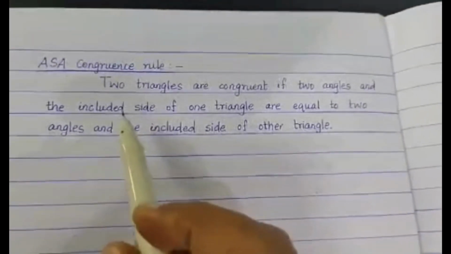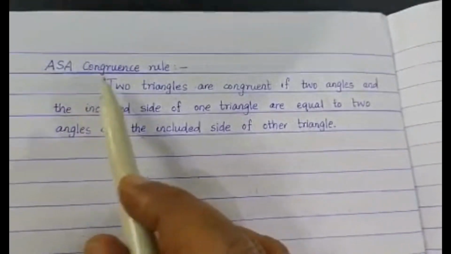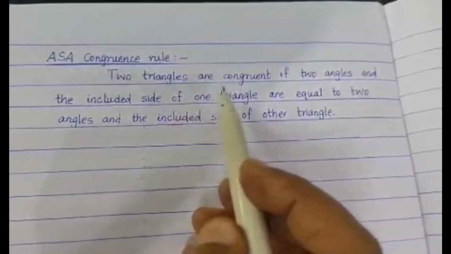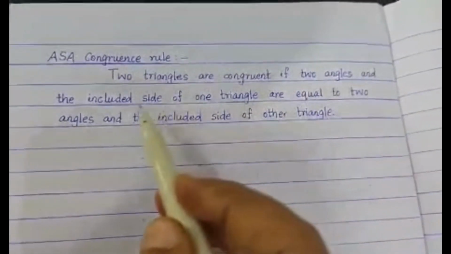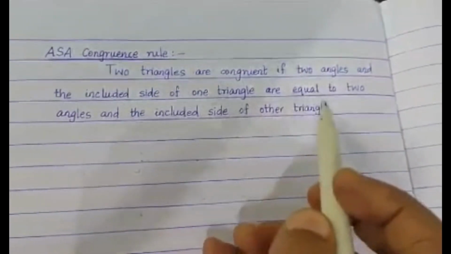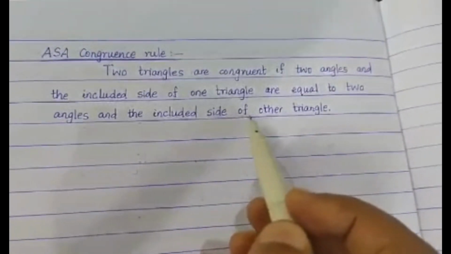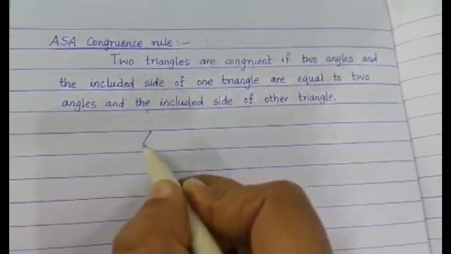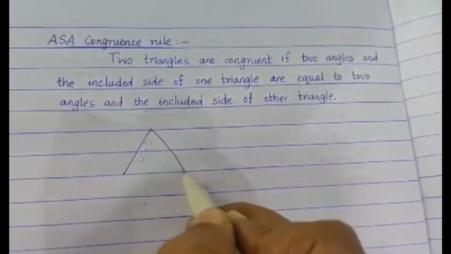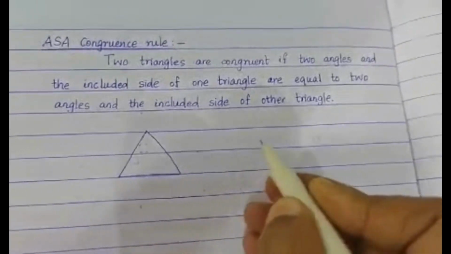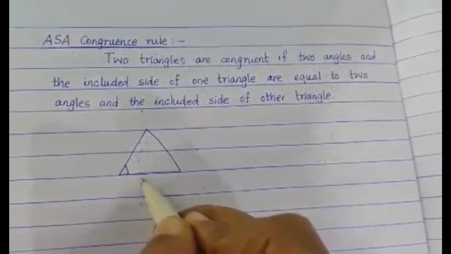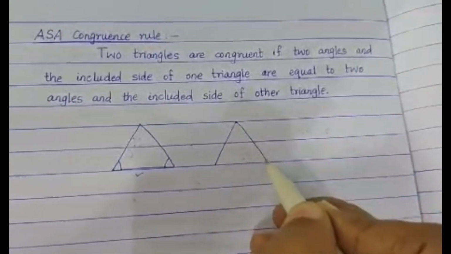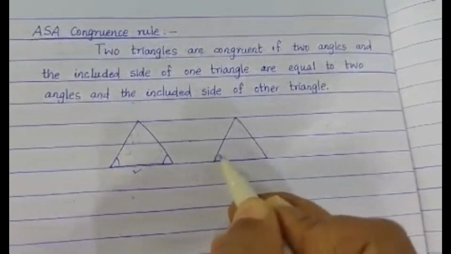Now this is also one criterion, the ASA congruence rule. ASA means two triangles are congruent if two angles and the included side of one triangle are equal to two angles and the included side of the other triangle. Let us draw a small triangle here. ASA means this angle, this side and this angle are equal, then this rule will apply.